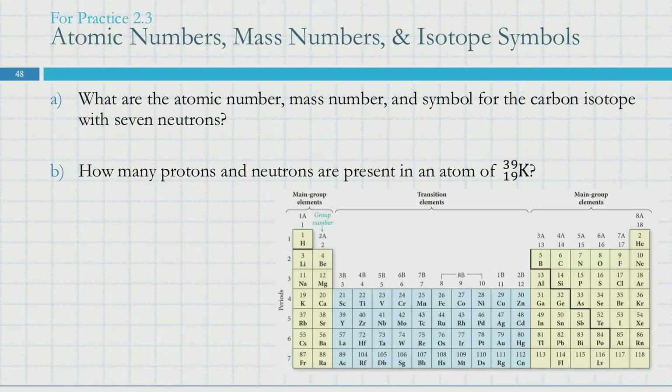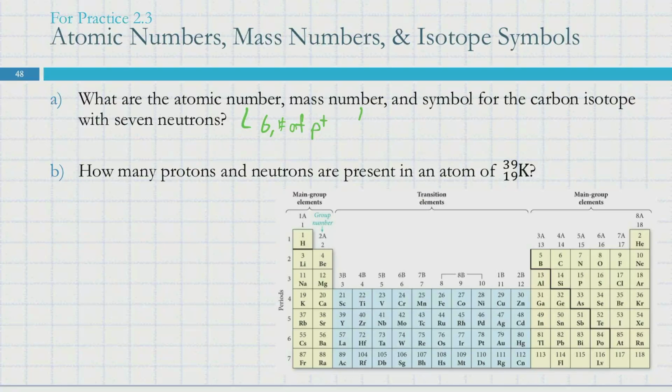All right, for A, we're looking for the atomic number for carbon with 7 neutrons. What is the atomic number? The atomic number is 6. It's the number of protons.